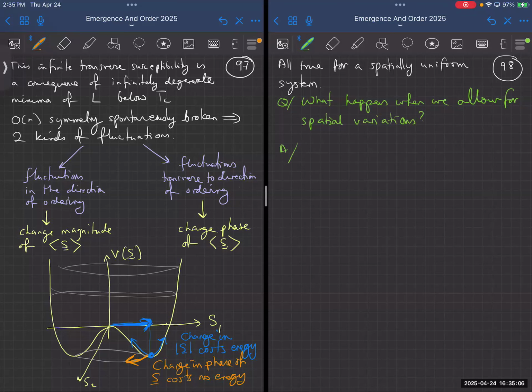But basically, this is going as k squared. So what happens is this: the longer the wavelength of the transverse fluctuations, the smaller is the energy cost.